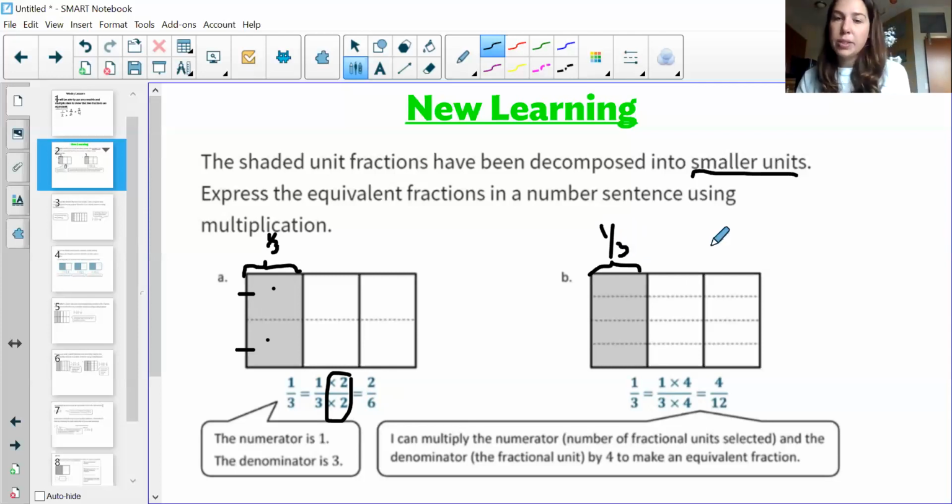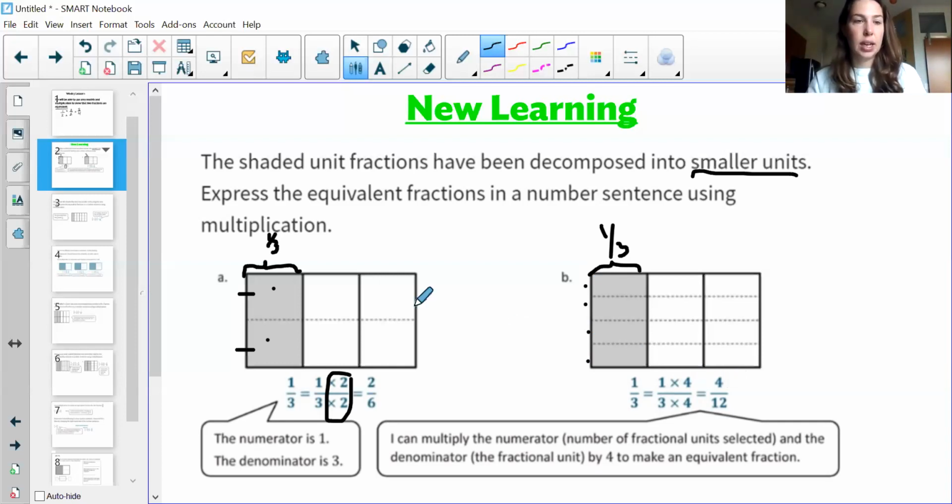And decomposed into 4 rows. And you can count the rows. 1, 2, 3, 4. So what we're going to do is multiply times 4/4. So we started with 1/3 times 4/4 gives us 4/12. The rule here is, though, you have to multiply the numerator and denominator by the same number.